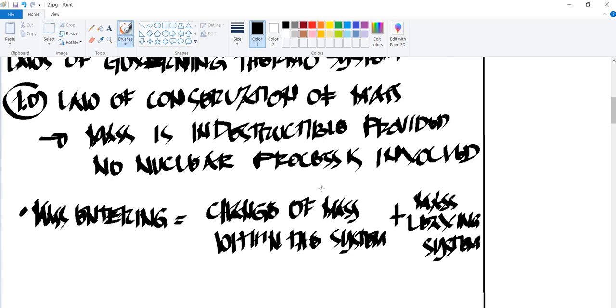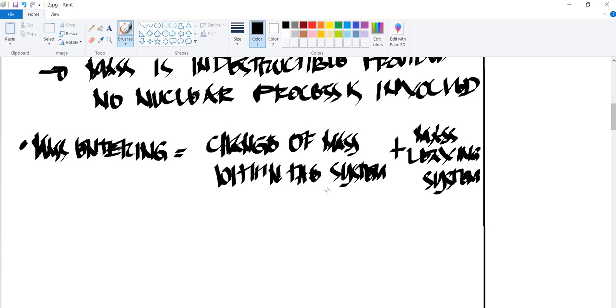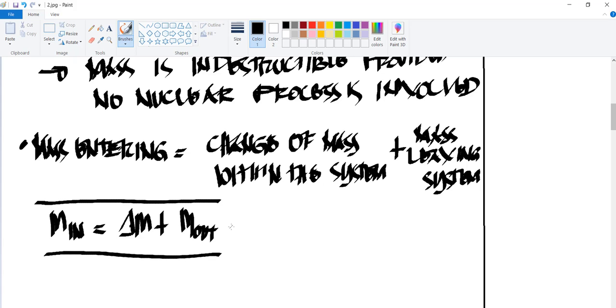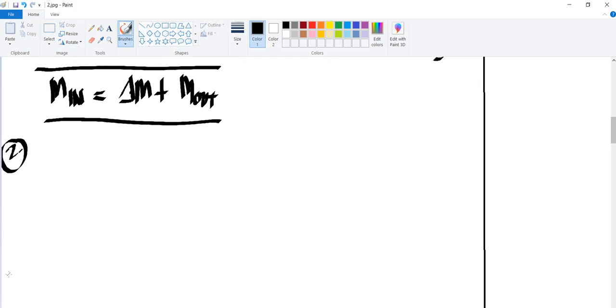Or we can rewrite it in equation that the mass in is equal to your change in mass plus the mass out. Okay. So that is the macroscopic.